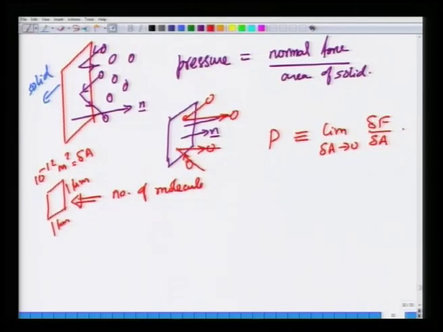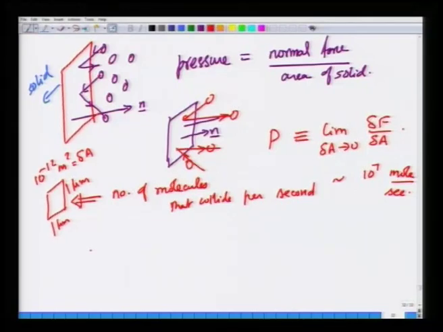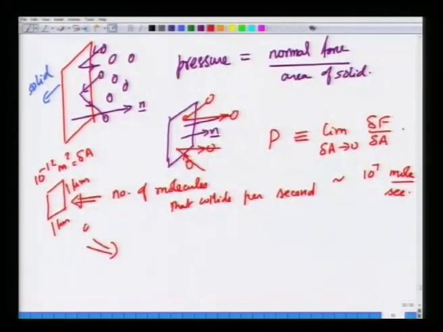If you consider air at room temperature, the number of molecules that collide per second, from the kinetic theory of gases, is of the order of 10 to the 7. So, it is a huge number. Even within a second, any probing device will not measure individual collisions. So, devices will measure only averages.